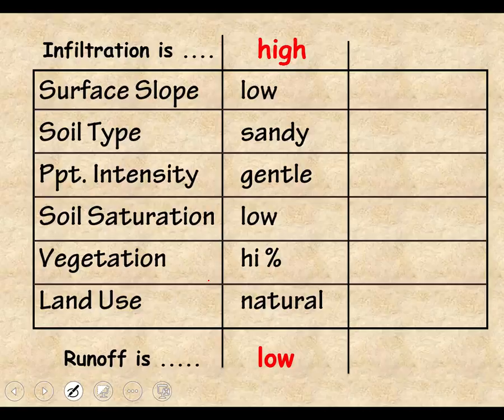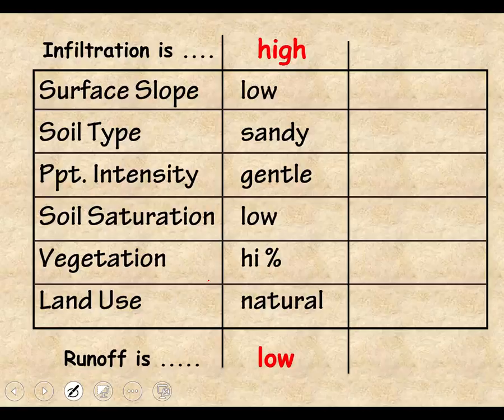Rainfall intensity, let's keep it gentle. We want it to be rainfall less than infiltration. Soil saturation low. The reason for that is that if the soil is saturated, it quite literally can't take any more water in. That's why when you hear the weather forecaster talk about more rain tonight and the ground is already saturated, flooding is likely.